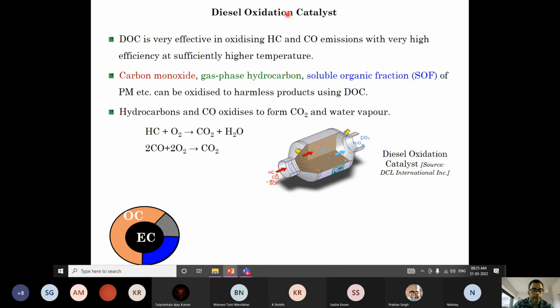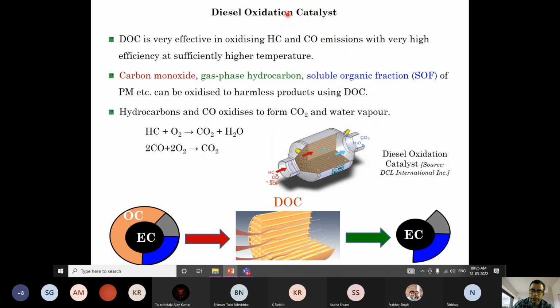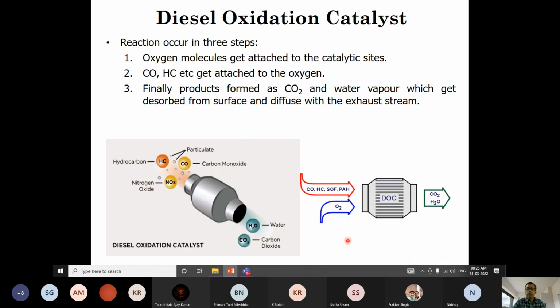Okay. So see, as I told you, it has this monolith kind of structure, and there are channels. Inside these channels, the catalyst is coated. The exhaust gas passes through the channels and comes into contact with the catalyst, and then the reactions take place. This is the diesel oxidation catalyst.